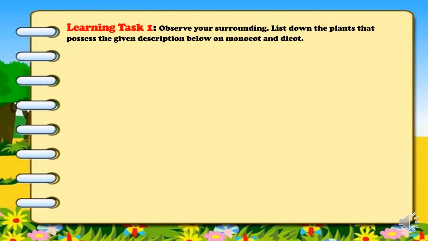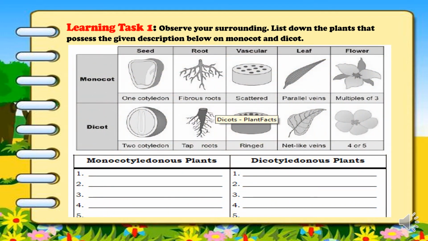Now that you have learned the monocot and the dicot plants, let us answer learning task 1. Observe your surroundings. List down the plants that possess the given description below on monocot and dicot.